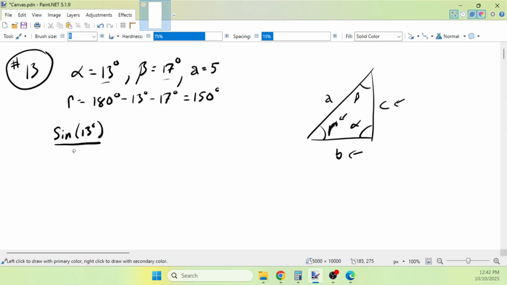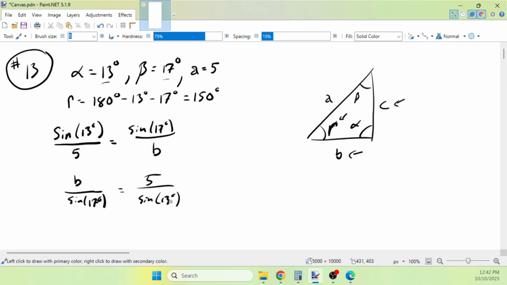Sine of 13 degrees over A equals sine of 17 over 5. To solve this, I'm going to take the reciprocal of both sides, then multiply both sides of the equation by sine 17 degrees.